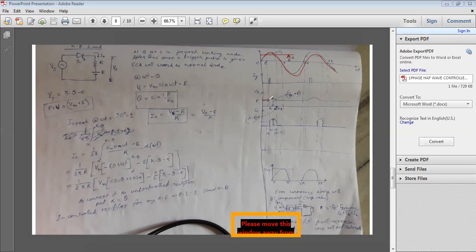At alpha, when it is triggered, you will get the source voltage.